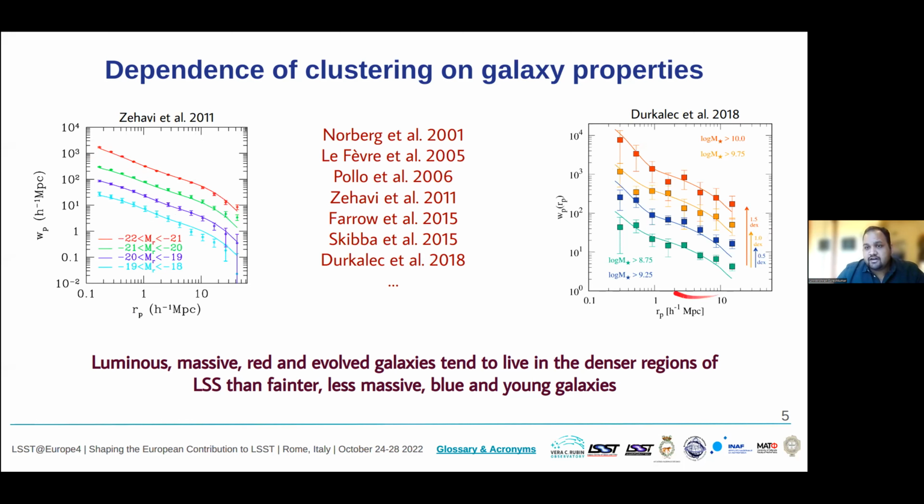And on the right plot, the same observation in terms of stellar mass, where we see that the more massive galaxies tend to exist in the denser regions of the cosmic web. So all these works conclude that the more luminous, the more massive, the redder and more evolved the galaxies are, the higher the probability of observing them in the denser regions of the large scale structure in comparison to their counterparts.